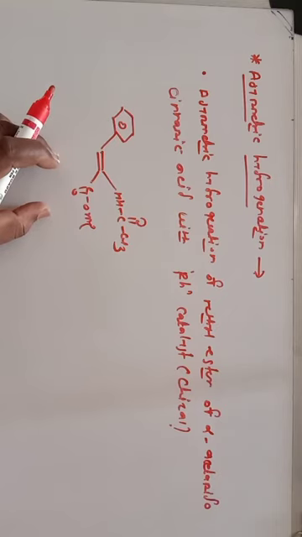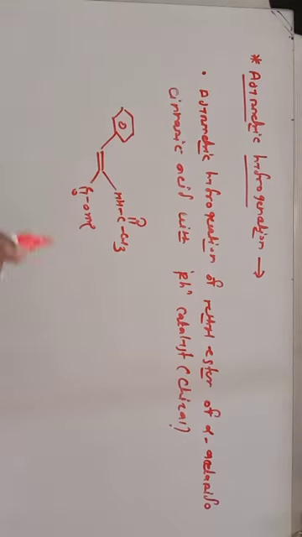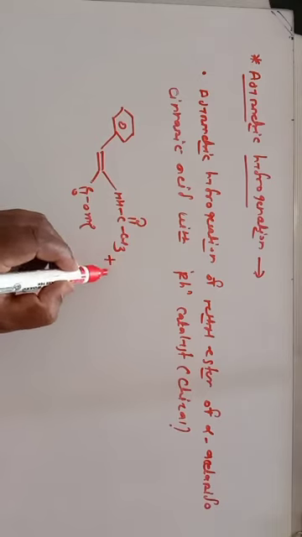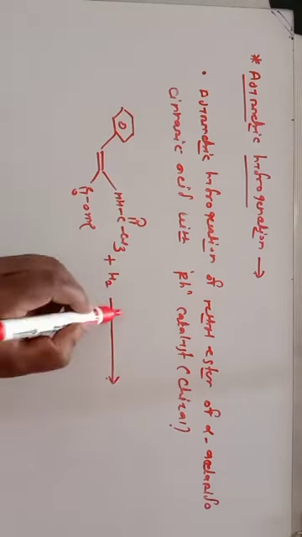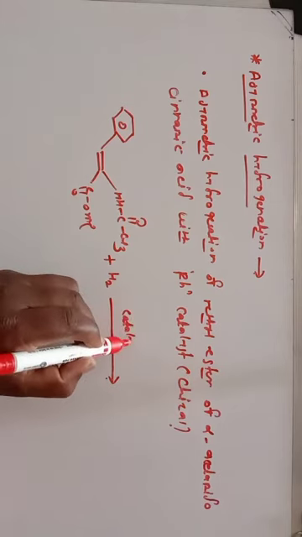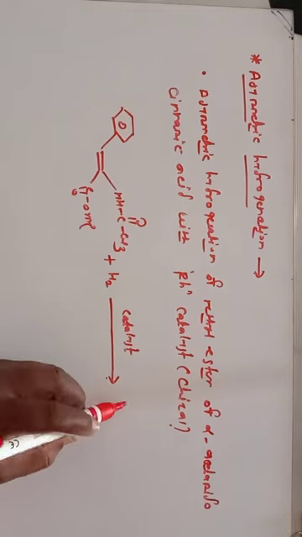So this is your methyl ester of alpha acetoaminocinamic acid. It undergoes a hydrogenation reaction. Hydrogenation means addition of H2 in presence of a catalyst to give a chiral product.